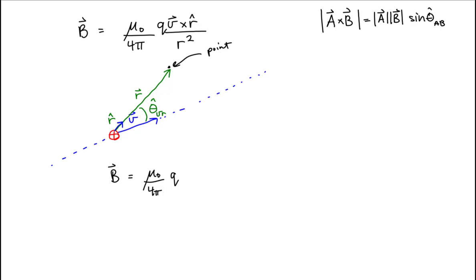Well, remember, v cross r hat can be given by the magnitude of the cross product between those two vectors, and the direction is going to be given by the right-hand rule. So I'll just say right-hand rule gives direction.